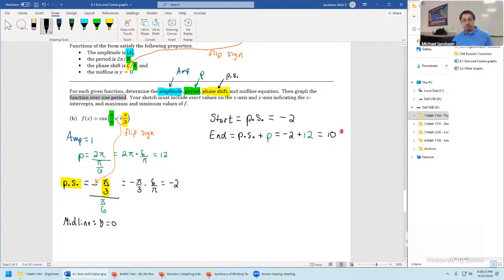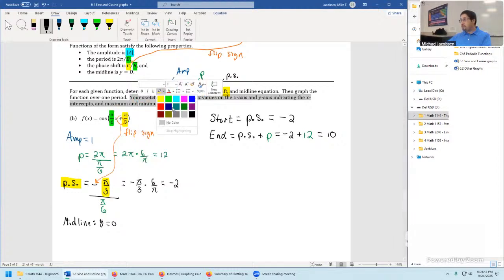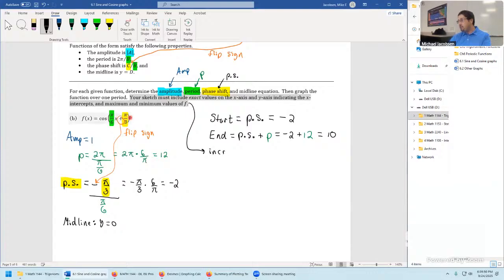And the final bit of information we need is, well, how far do we go to get all the interesting points? Because our curve must include the exact x-intercepts, exact values on the x-axis, as well as where the maximums occur and the minimums occur. All that information is found by doing this one computation, finding the increment.